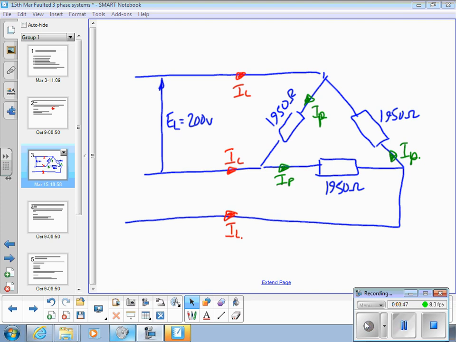What can we find from the information given? In which current? One big phase current.